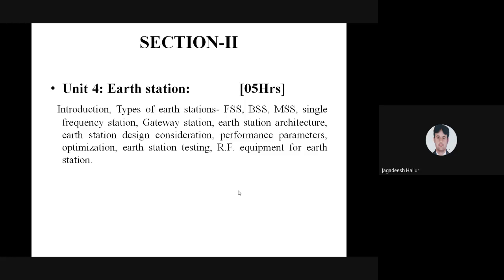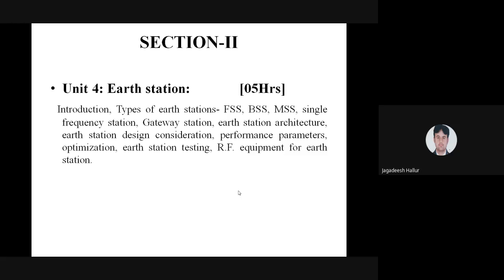For C band, the bandwidth is 36 megahertz, for Ku band, the bandwidth is 56 megahertz, and for Ka band, the bandwidth is 72 megahertz. These are the frequency bands used in a particular system for using the satellite. This is single frequency station.